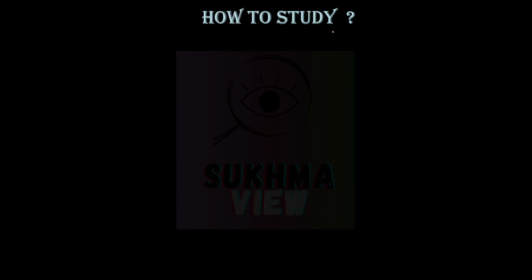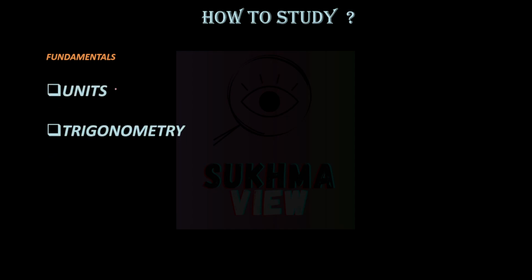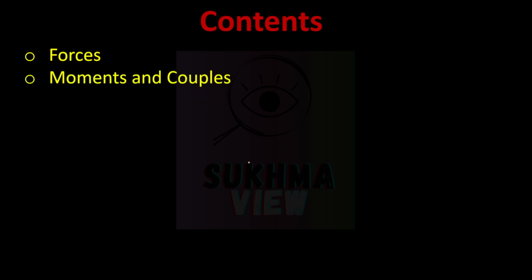So how to study this engineering mechanics? We'll first go through some fundamentals like units which will be used in this whole engineering mechanics. Then we'll talk about trigonometry, some calculus and vectors. These are the four things in the content. We'll talk initially about force. What is force? What is the classification of force?